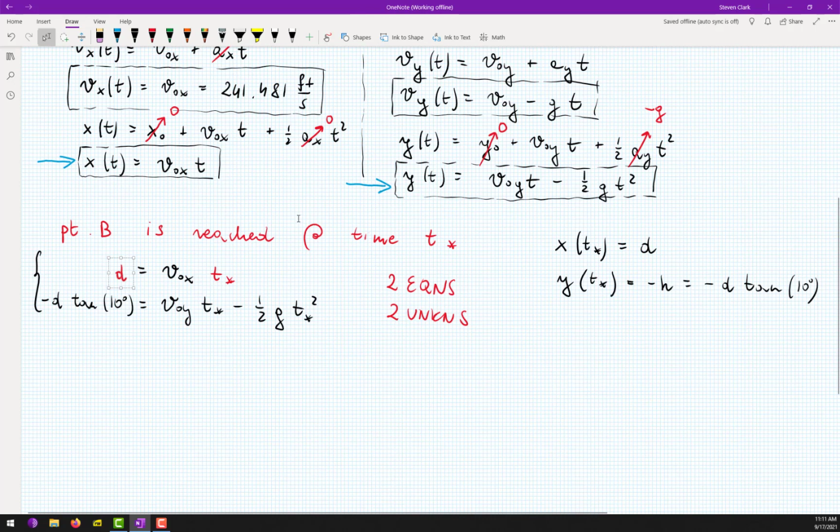Okay, so let's solve it. I know, guys, that you know how to solve it. You solve it like 300 times in your life or 255 or something. So very quickly, from the first equation, we know that t star is d divided by v0x. Let's plug this one into the second equation.